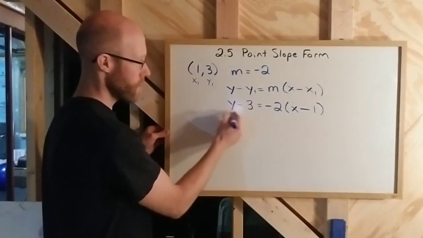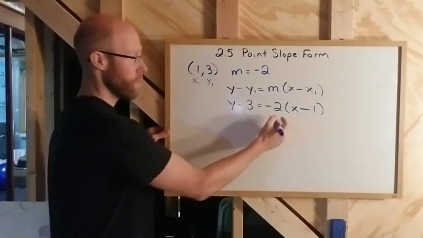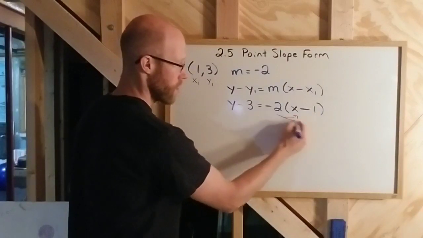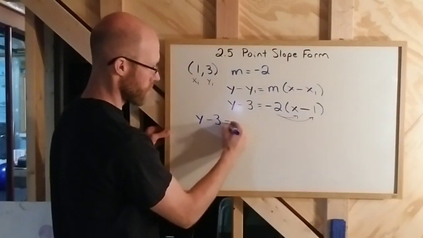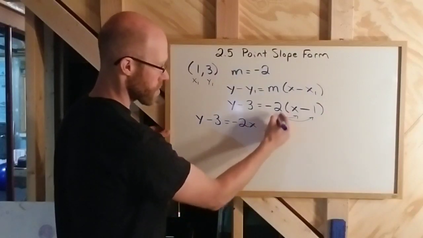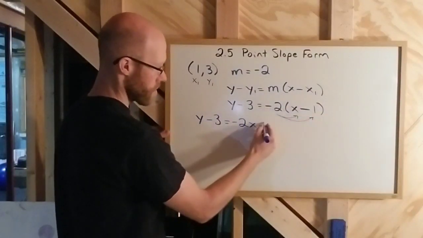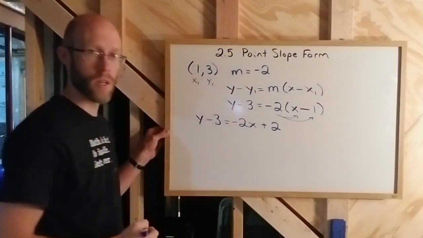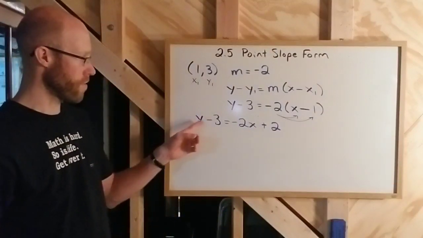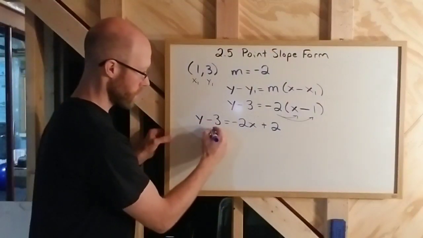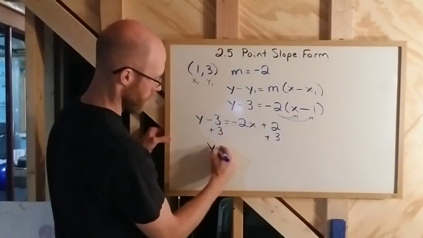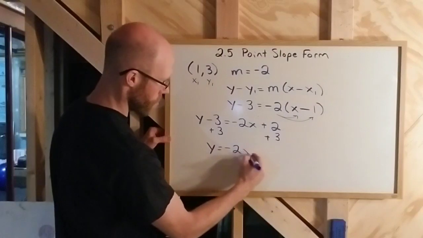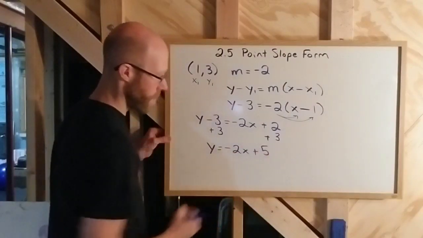At that point, I'm going to solve for y. To do that, I'm going to distribute the -2 on the right. We have y minus 3 equals -2x. Double negative in the second term gives me a +2. And of course, to solve for y, I've got to add the 3. Add 3 to both sides. And y is going to be -2x plus 5.